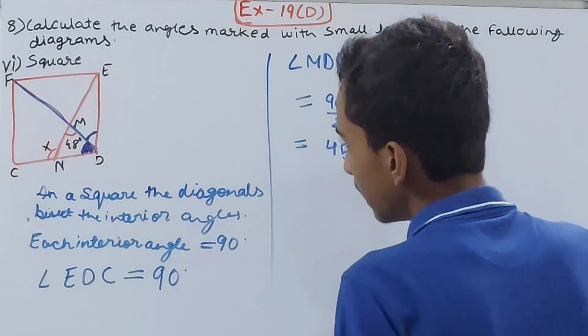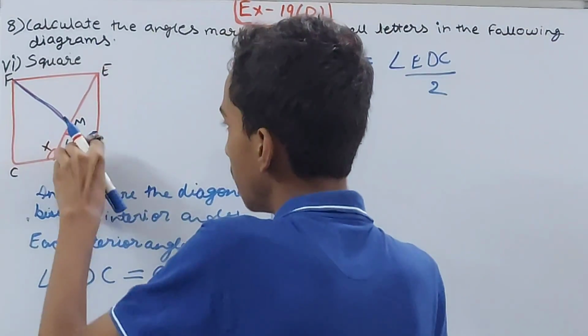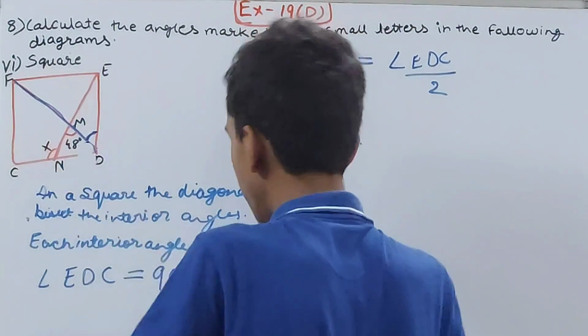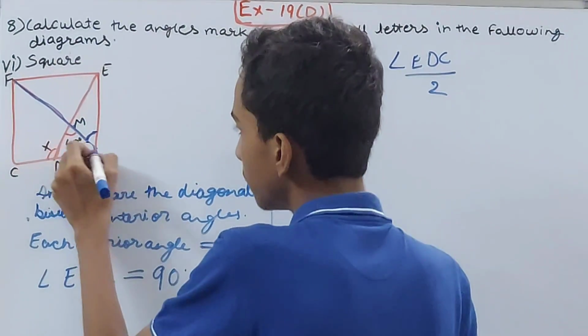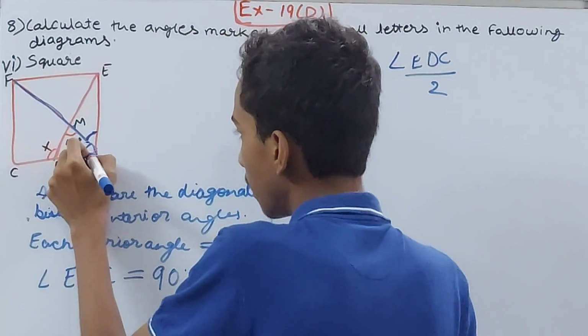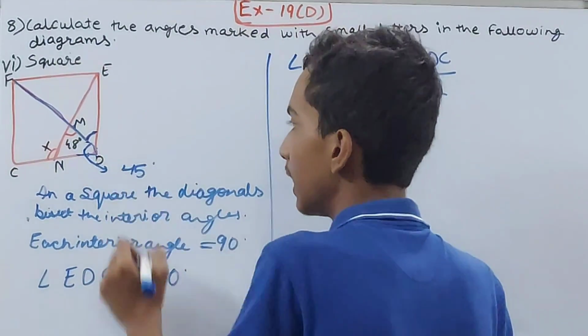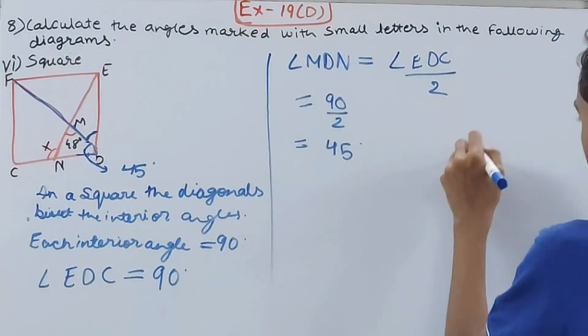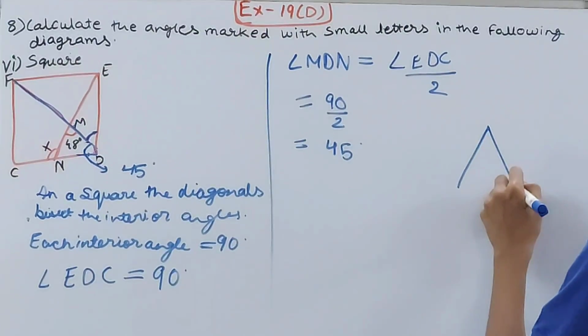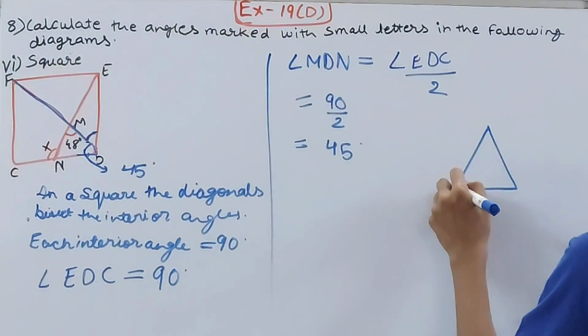So this MDN now is known to us. What is the value of angle MDN? See, it is 45 degrees. I'll enlarge it for you. I'm only taking out the rectangle part from the figure.